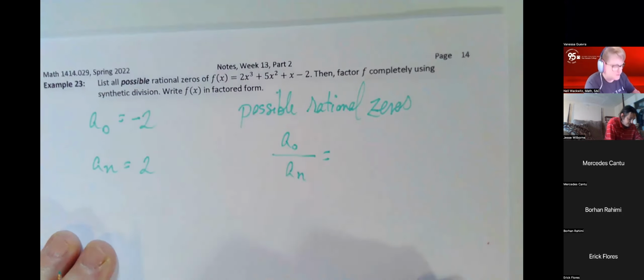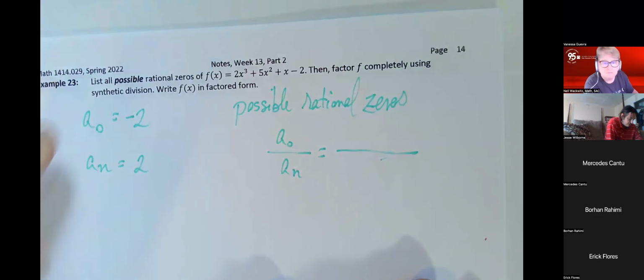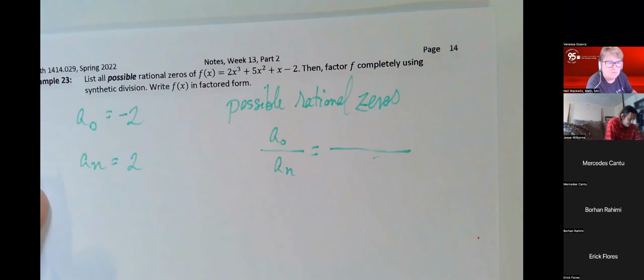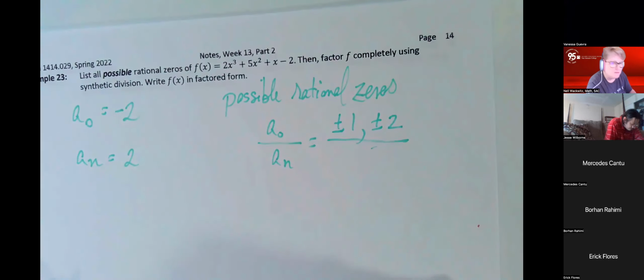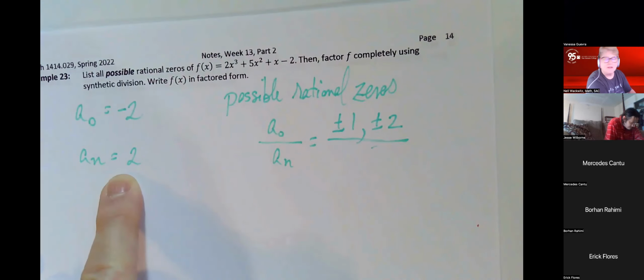Well, what are the factors of 2? What numbers go evenly into 2? 1 and 2. Good. And what about the denominator? What numbers go evenly into that too?